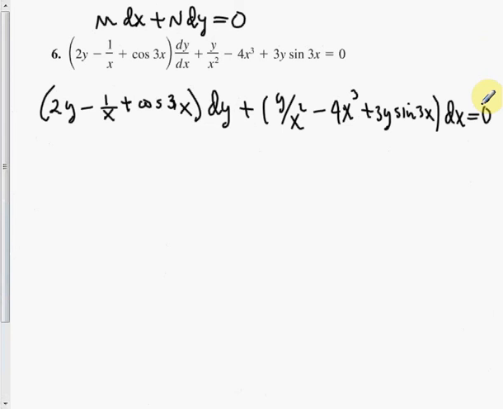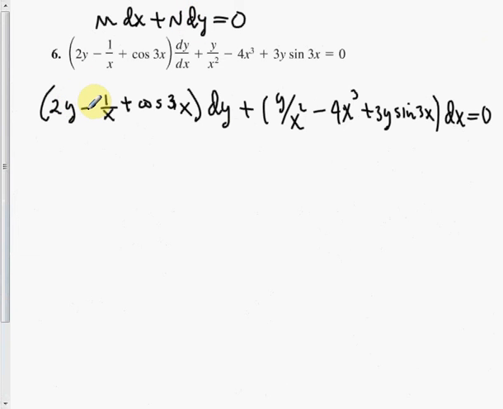Now, if you're not careful, you'll get mixed up. So I'm going to write it one more way so that it can actually be in this form. Notice that the dy is first, and then the dx, but it's supposed to be m dx plus n dy. So I don't get confused. You'll start taking the partial derivative of the wrong thing just because you see this guy written first. But this is not m. This is n. It's n times dy.